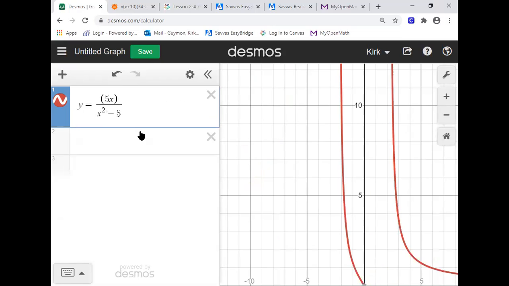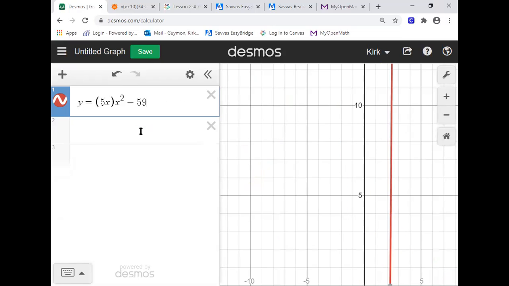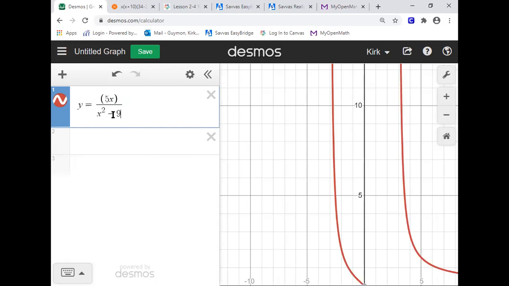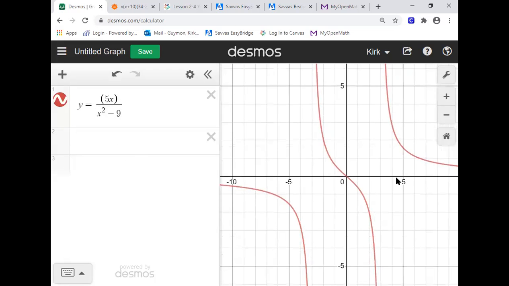Change that to a minus and put in a 9. Whoops, I lost my fraction there somehow. I need all of x squared minus 9 down here. 5x over x squared minus 9.